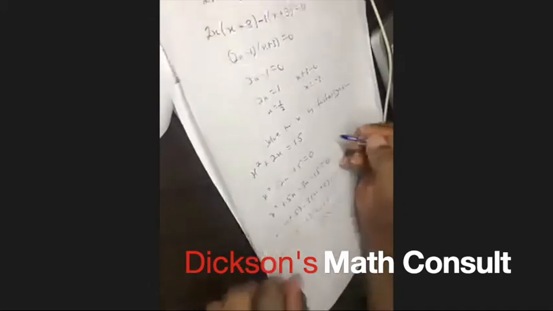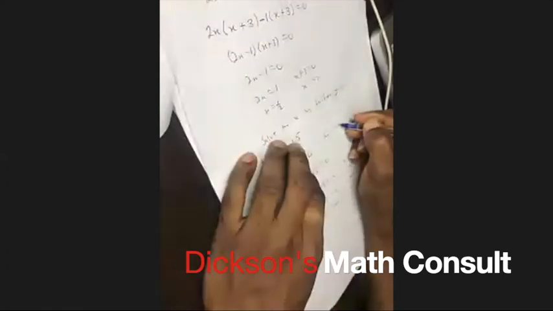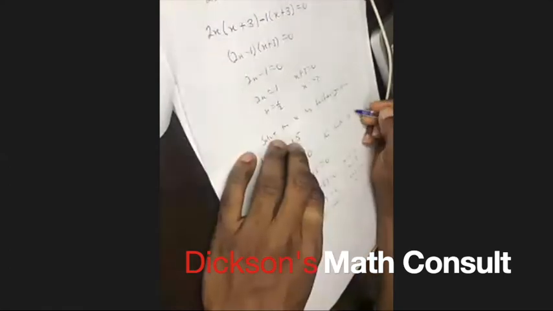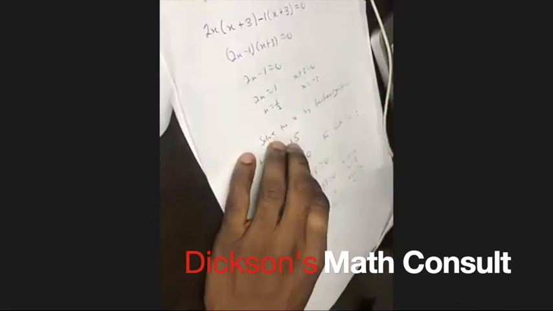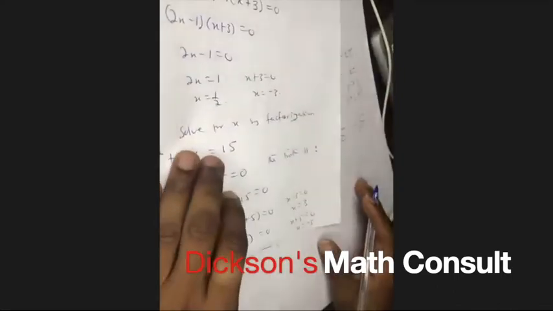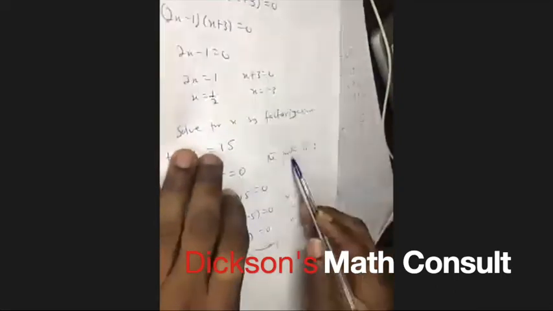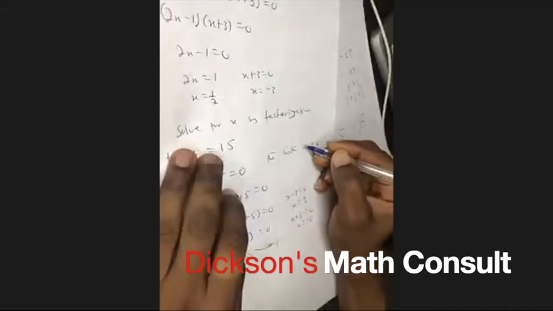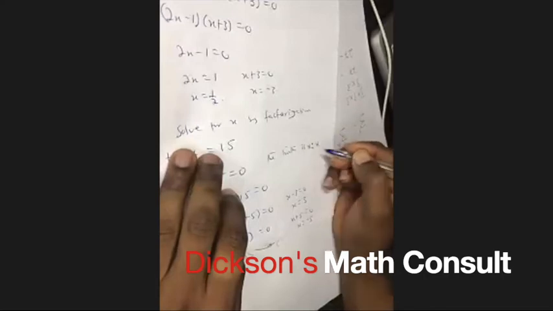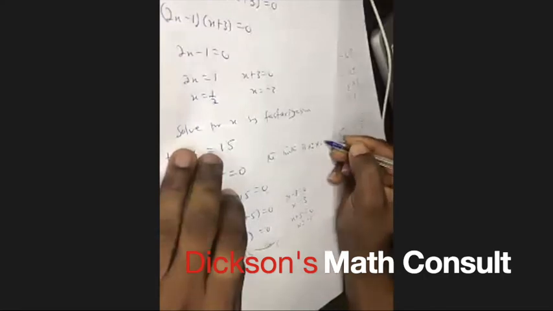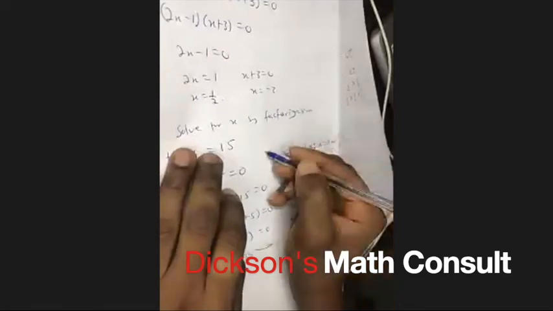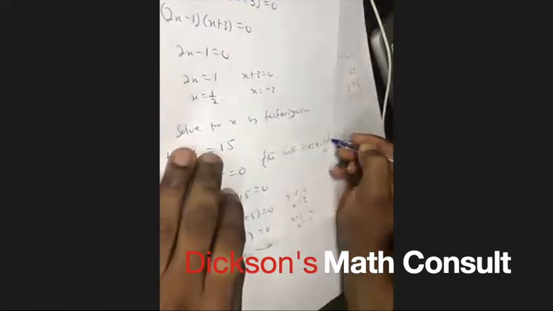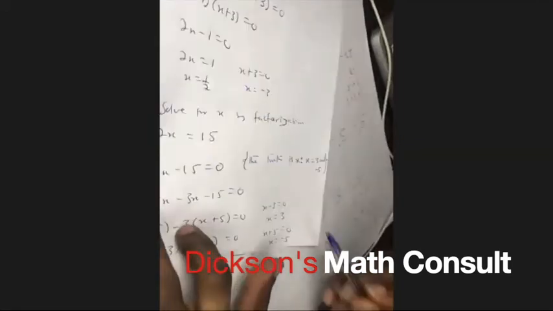So the truth set is x such that x is equal to 3 and negative 5. Then curly brackets, like this. This one can fetch you like 1 mark.